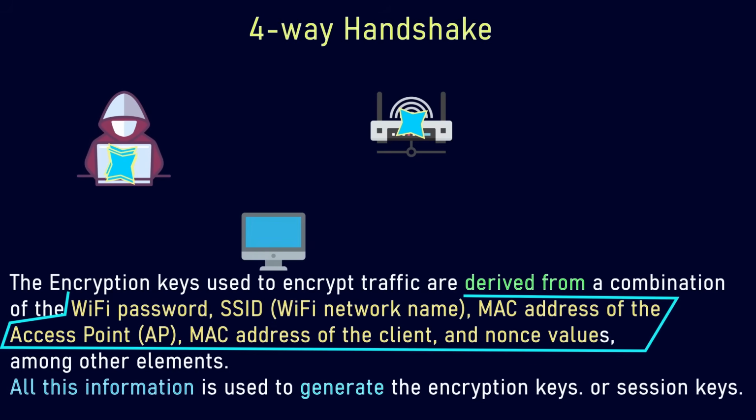These elements undergo a cryptographic function to generate session keys, which encrypt data during the Wi-Fi session. It is important to note that these elements are not directly combined to generate session keys. Instead, they go through four distinct steps within the four-way handshake process.